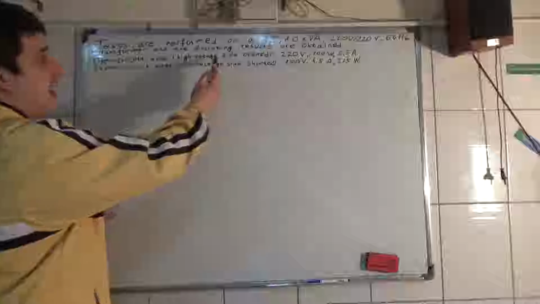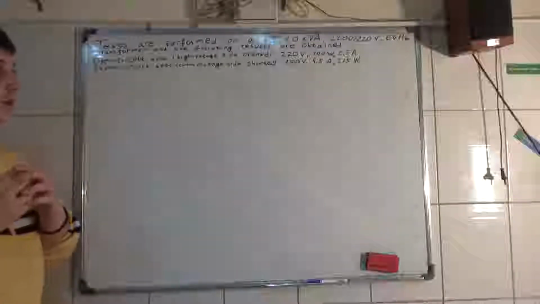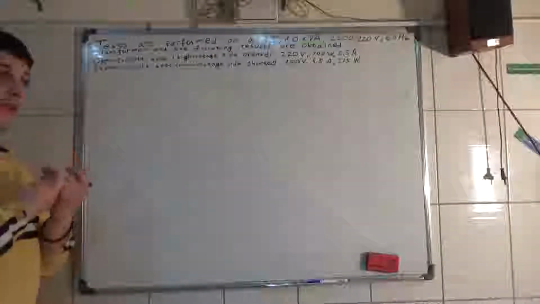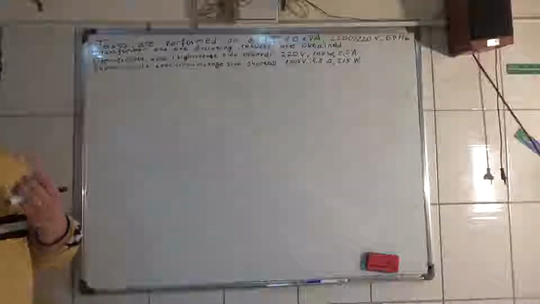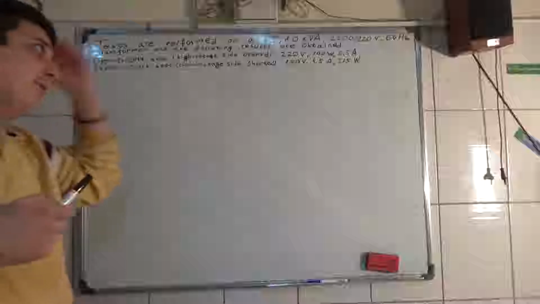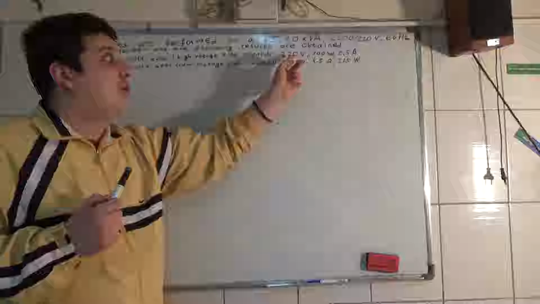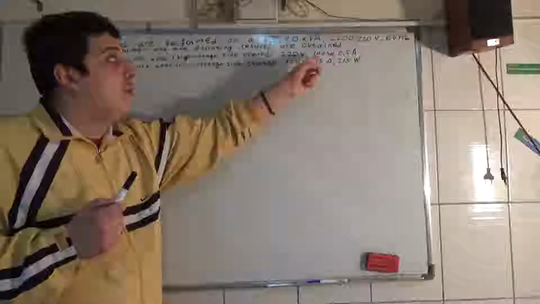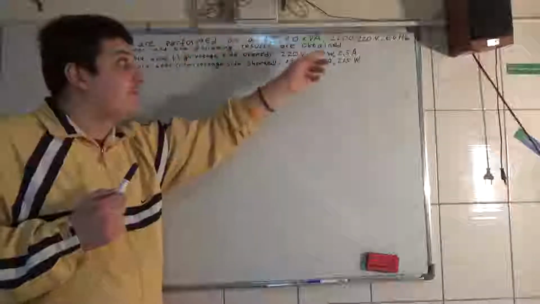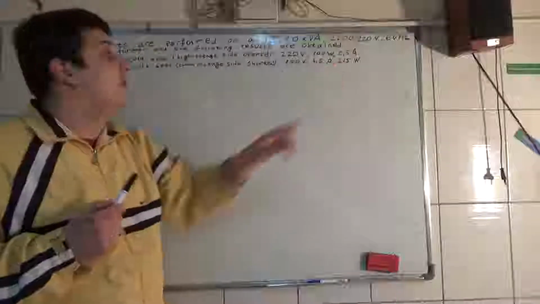The high voltage side is open, so you always measure the open circuit test from the low voltage side because it's a better reading, and we had these results. The voltmeter showed 220 volts, the wattmeter showed 100 watts, and the ammeter showed 2.5 amperes.